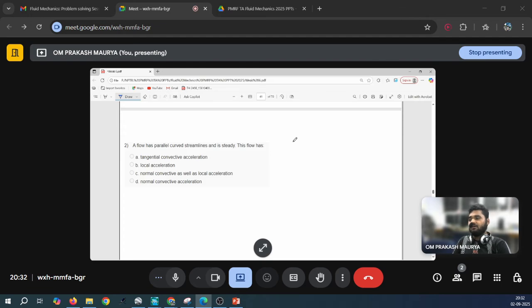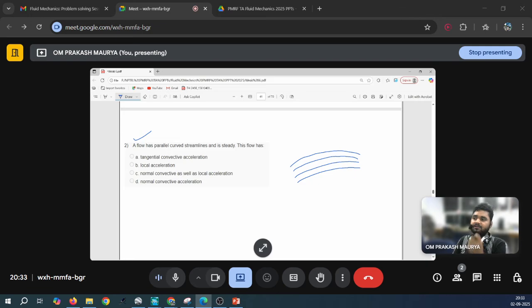Okay. Question 2. A flow has parallel curved streamlines. This question I have already discussed in the previous class, so I'll not take much time here.